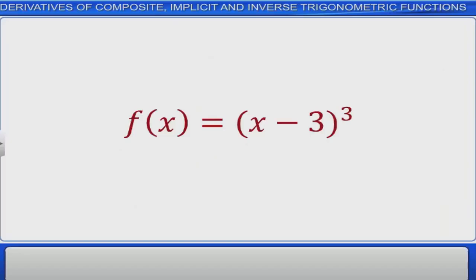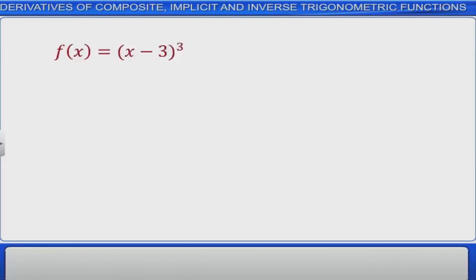Let's find the derivative of the function f of x is equal to x minus 3 whole cubed. First, we'll expand the expression using the binomial expansion and then find the derivative of each term.